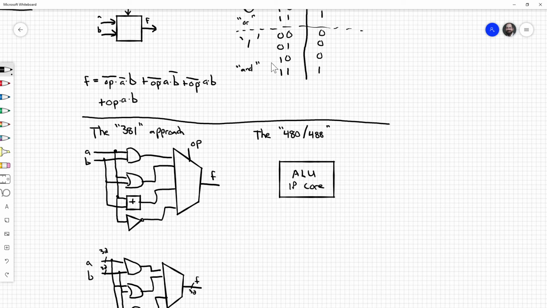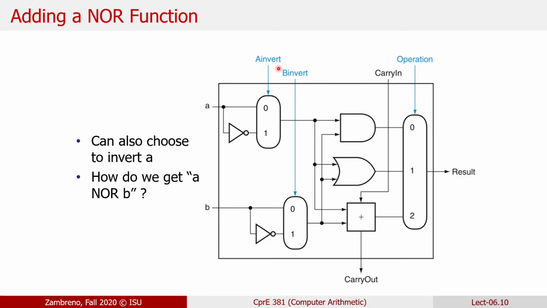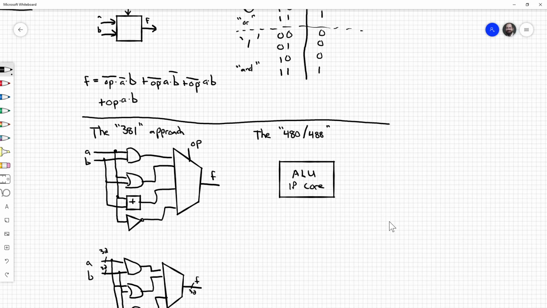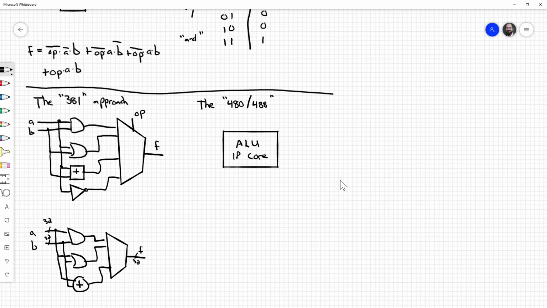Where if we wanted to implement A nor B, the 281 approach says you can use this old chestnut of the equivalent circuit, not A ANDed with not B. In the 281 approach, that's very clever of us.